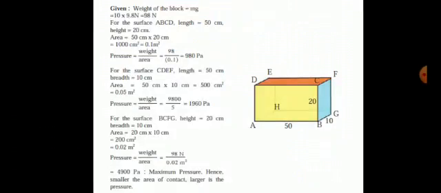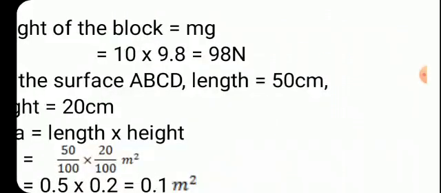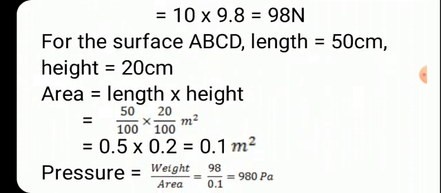Now we are going to see the calculation part in next slide. Example number 4. I have explained here calculation part only. Weight of the block is equal to mass multiplied by acceleration due to gravity. 10 multiplied by 9.8 is 98 Newton. For the surface ABCD, length is 50 centimeter, height is 20 centimeter.